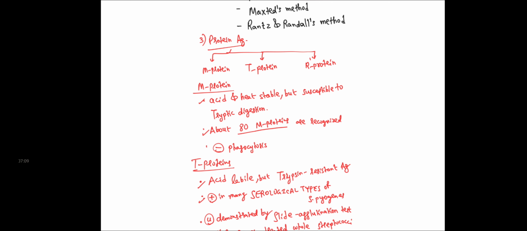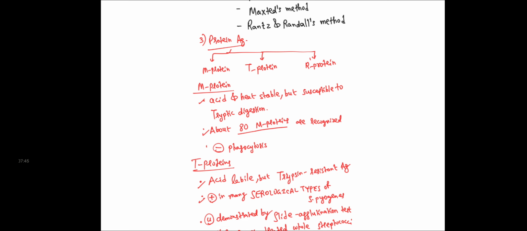Now let's talk about the protein antigens. There are three types of proteins: M protein, T protein, and R protein. M protein is both acid and heat stable but susceptible to tryptic digestion. About 80 M proteins are recognized. M protein inhibits phagocytosis, similar to the capsule.